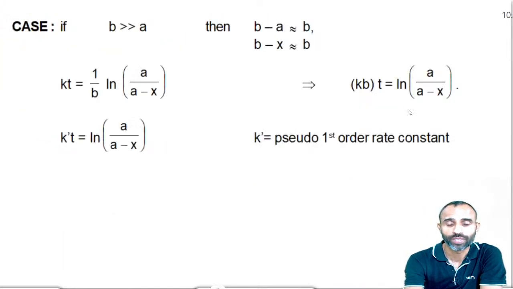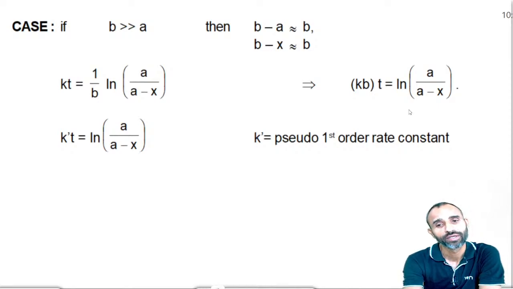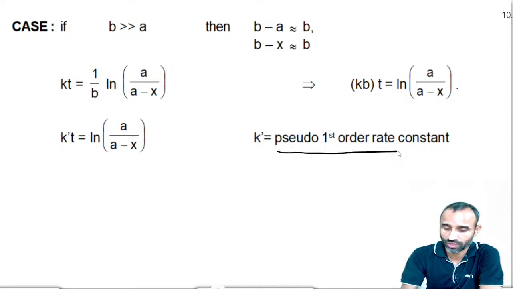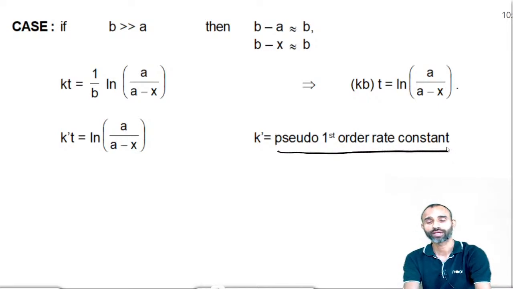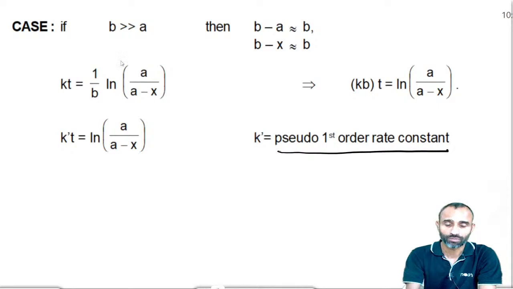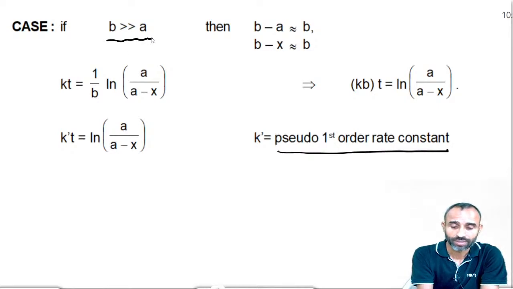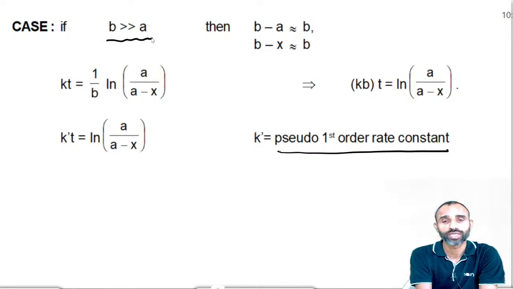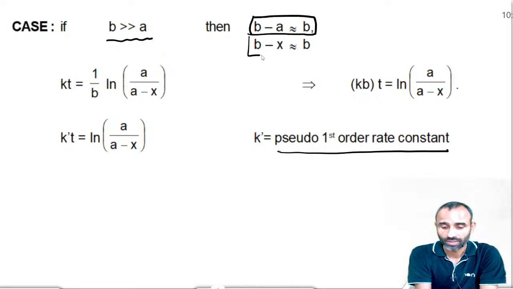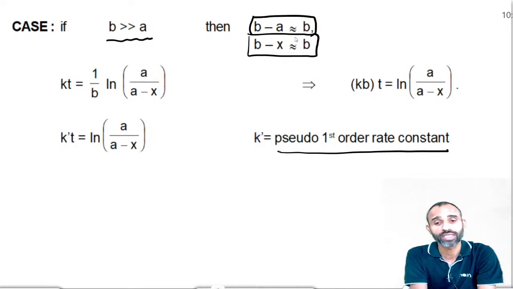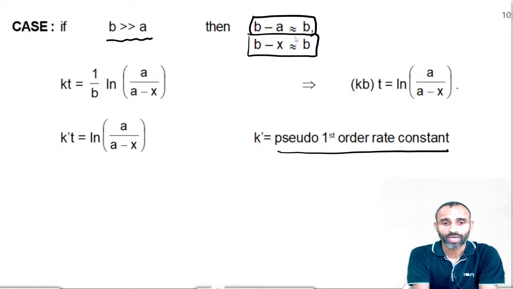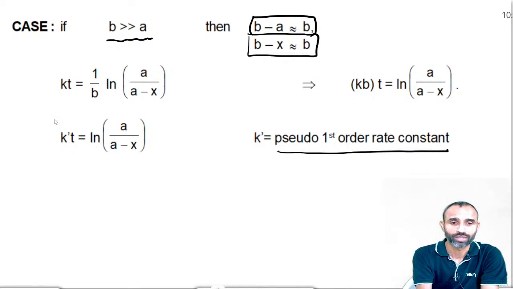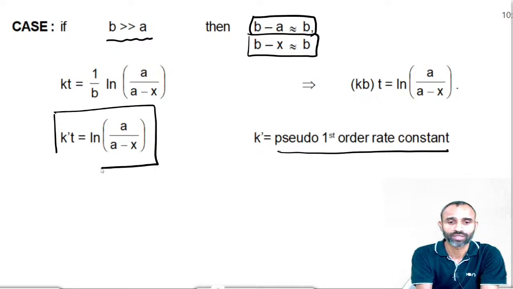and if B is very much greater than A, comes the case of pseudo first order reaction. So it looks like second order, but if B is very large, then B is taken as constant. B minus A is taken as B, B minus x is also taken as B, and in that case the equation becomes like this.